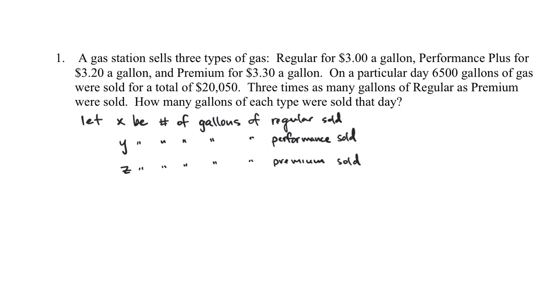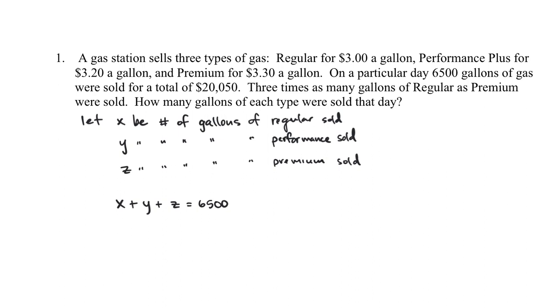So on this particular day there were 6,500 gallons of gas sold, and that 6,500 gallons of gas is going to come from a combination of all 3 of those. So that's going to be our first equation. Number of gallons of regular plus the number of gallons of performance plus the number of gallons of premium is equal to 6,500 gallons total, and it said that the amount of money made for that day was 20,050 dollars.